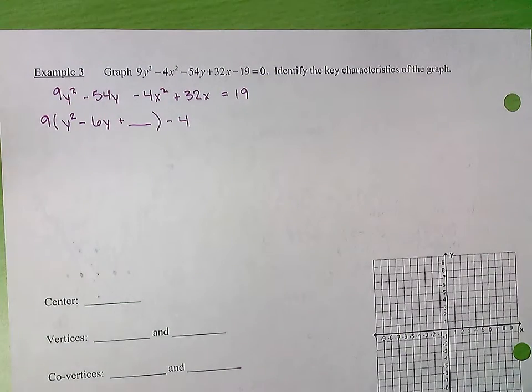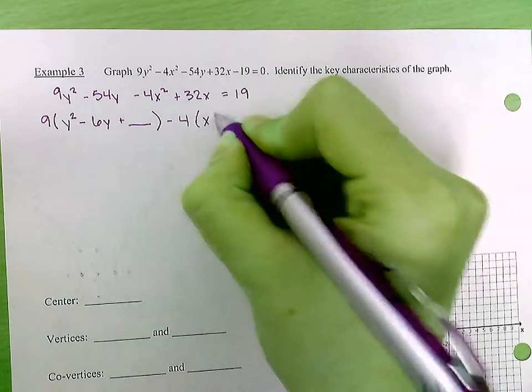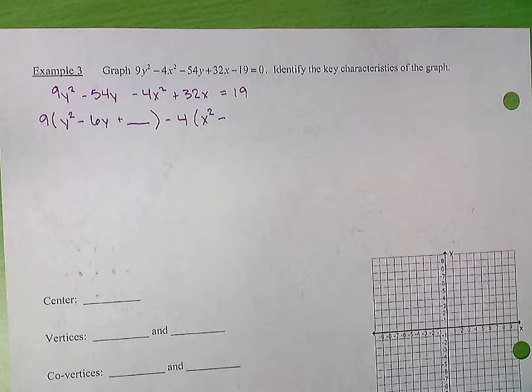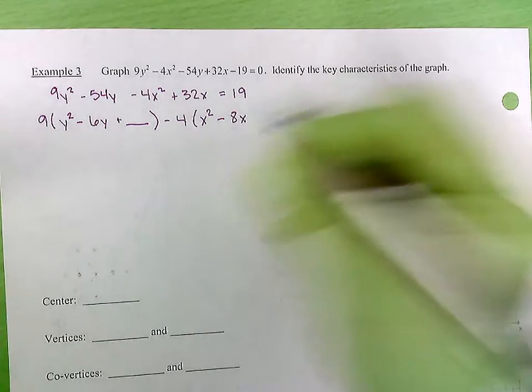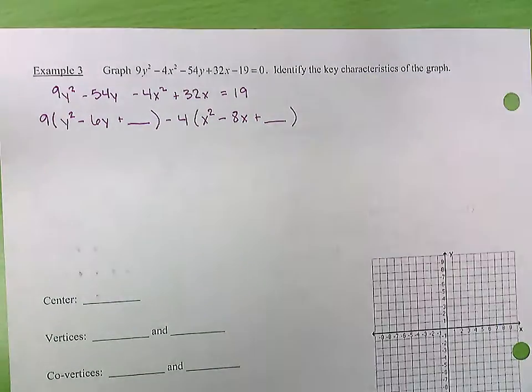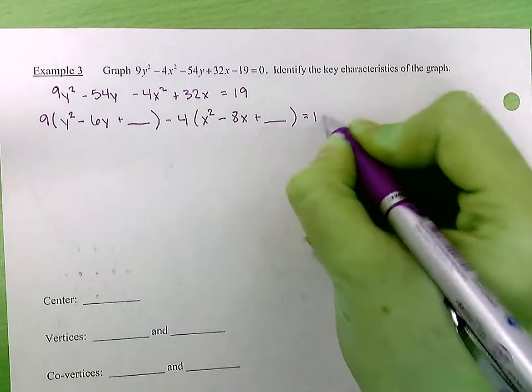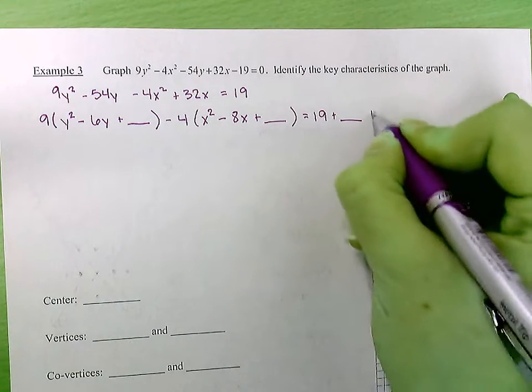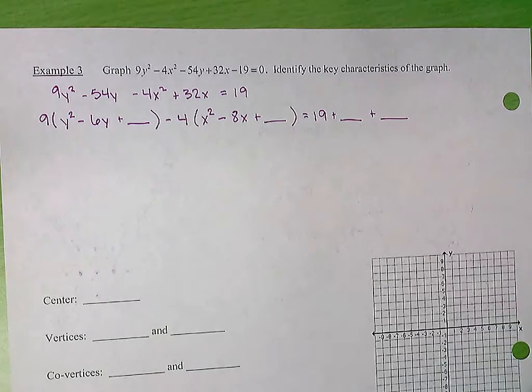I'm going to factor out a negative 4. So I have x squared minus 8x, since I factored out a negative 4, plus adding something on is equal to 19. Since I added 2 things, add 2 on the right.